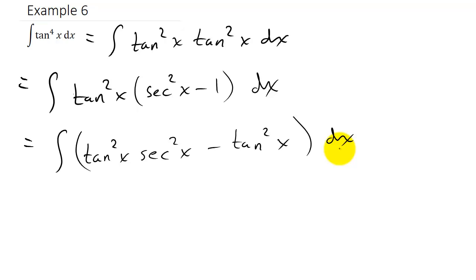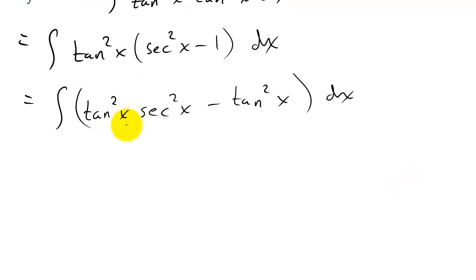Now I'm going to split this integral up, and you can see that in this part here we can use u substitution, because if we let u equal tangent, then du is secant squared. So that takes care of that.